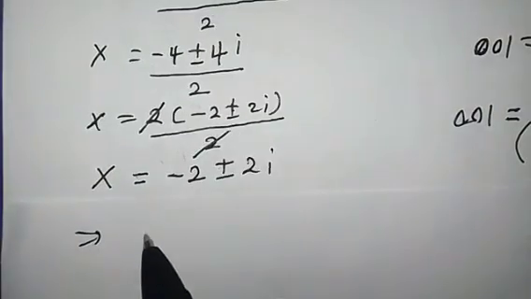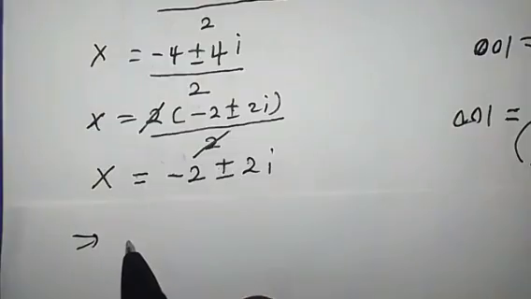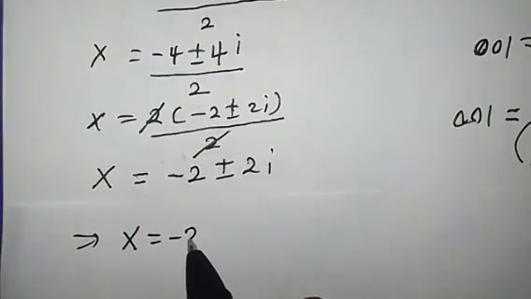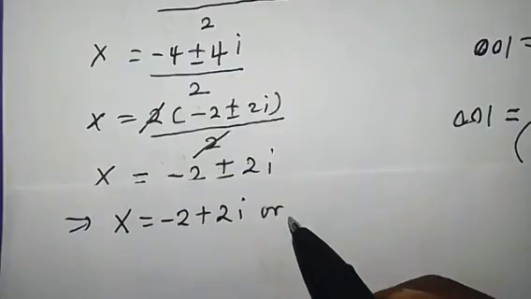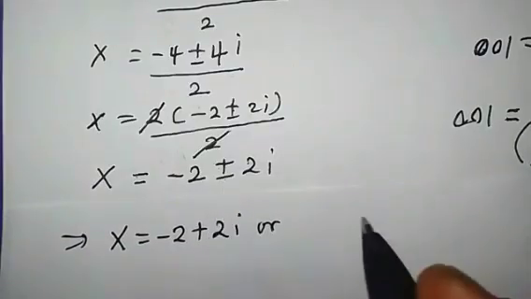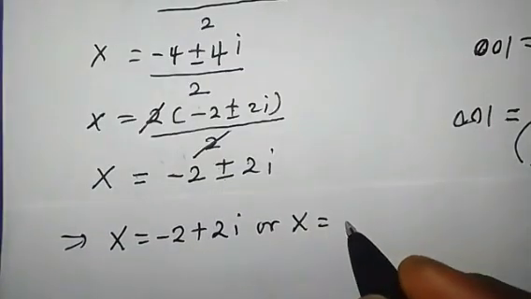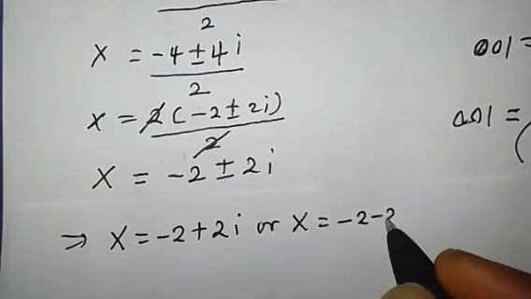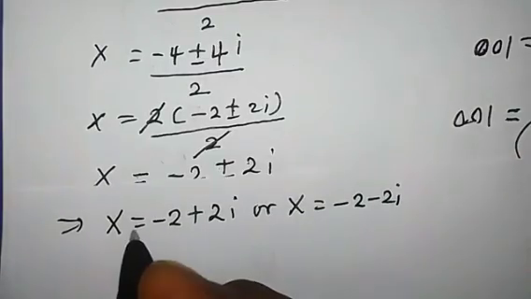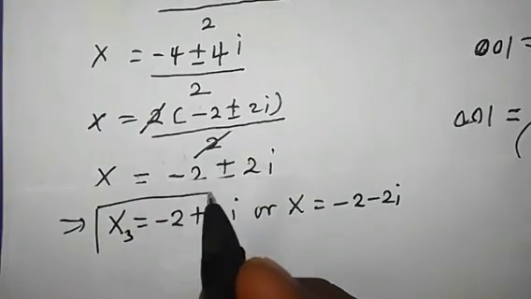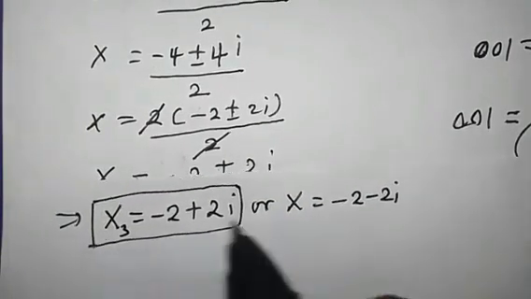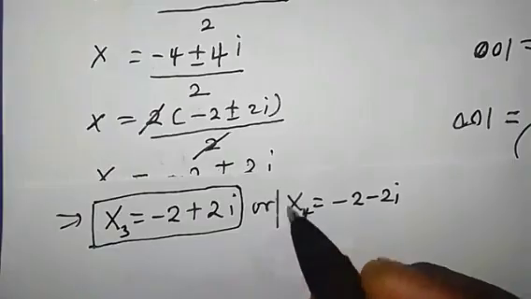This implies that, considering the positive sign first, x is equal to minus 2 plus 2i, or considering the negative sign, x is equal to minus 2 minus 2i. This is the third solution, x3. While this is the fourth solution, x4.